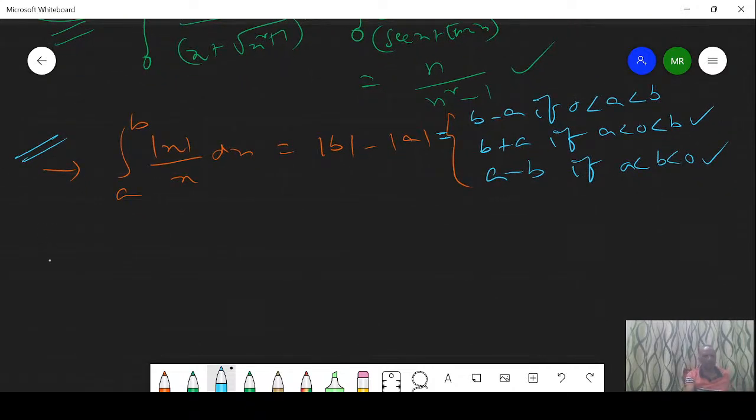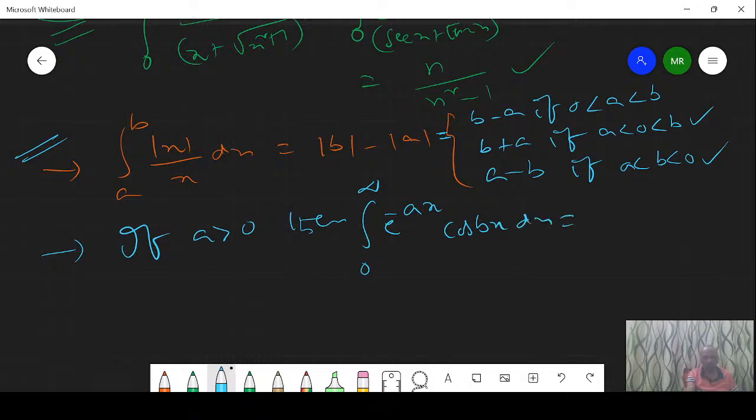If a greater than 0, then integral 0 to infinity of e power minus ax cos bx dx is equal to a by a square plus b square. Remember this: a by a square plus b square, if a greater than 0.